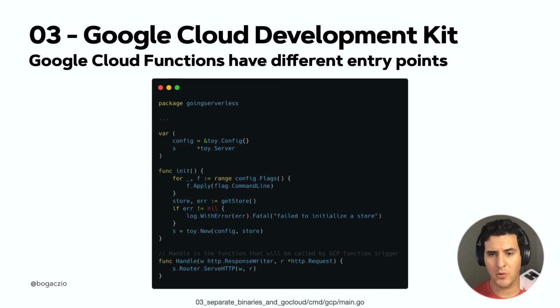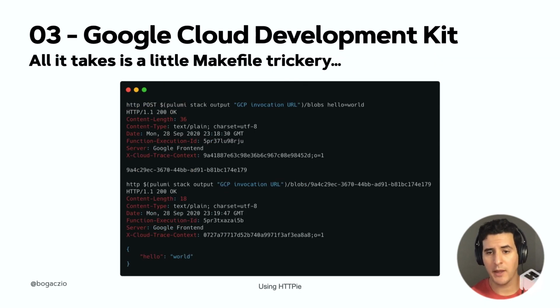As you can see, we're doing more in init. We're parsing the config flags in init rather than in main, because again, that would overlap with the main that's already being run by Google Cloud Platform. But we can elide that without too much trouble, by using a little bit of makefile trickery.